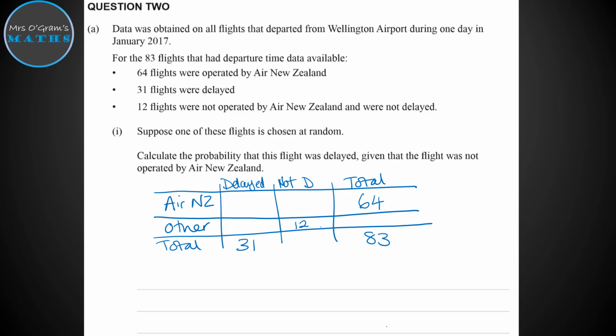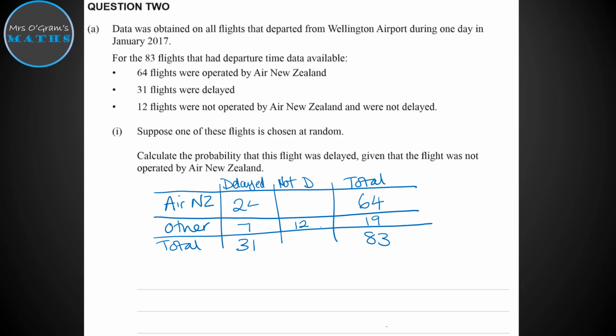From there, we should be able to fill in the rest of the information on the table just by working through those totals. So 83 minus the 64 means that there are 19 flights with somebody other than New Zealand. The 19 minus the 12 gives us a 7 for the other flights that got delayed. 31 minus the 7 will tell us how many Air New Zealand flights were delayed.